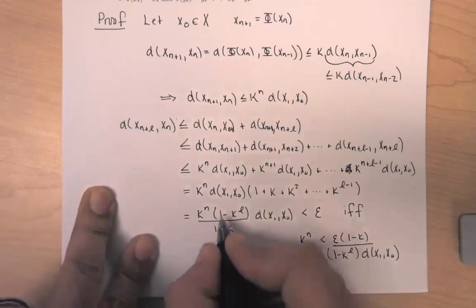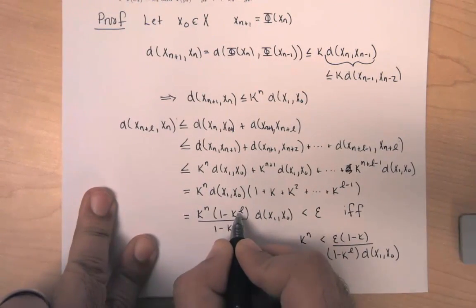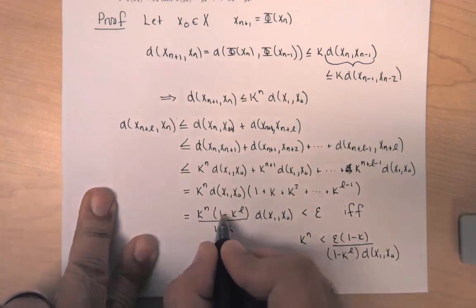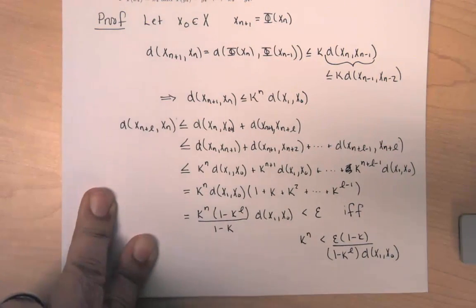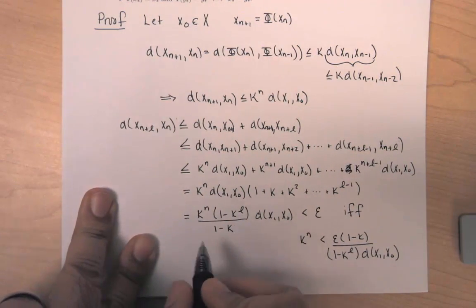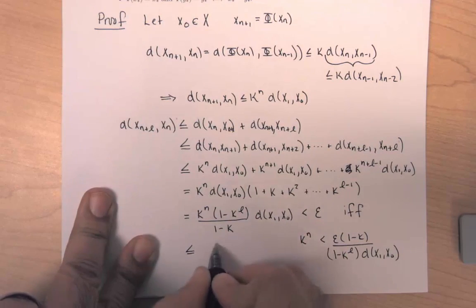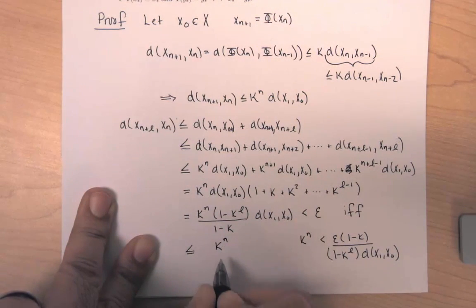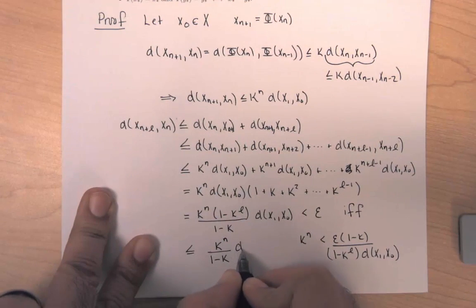Actually, scratch that, because k to the L is some number between 0 and 1, 1 minus it is also a number between 0 and 1. So I can simplify this by saying this is less than or equal to k to the n divided by 1 minus k times the initial distance.